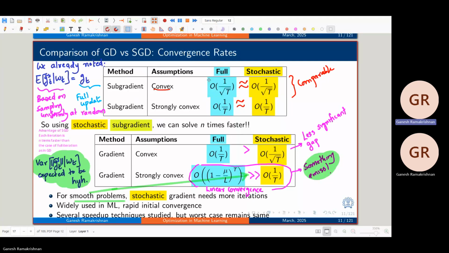Strongly convex with Lipschitz smoothness. So this was not Lipschitz smoothness, for the gradient. This was a Lipschitz smoothness. Yeah, you're right. In the presence of the gradient, you see the gap. With subgradient, you don't see the gap.